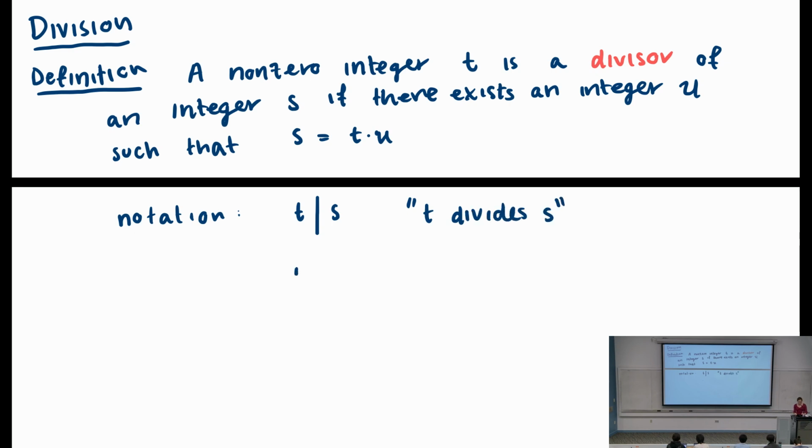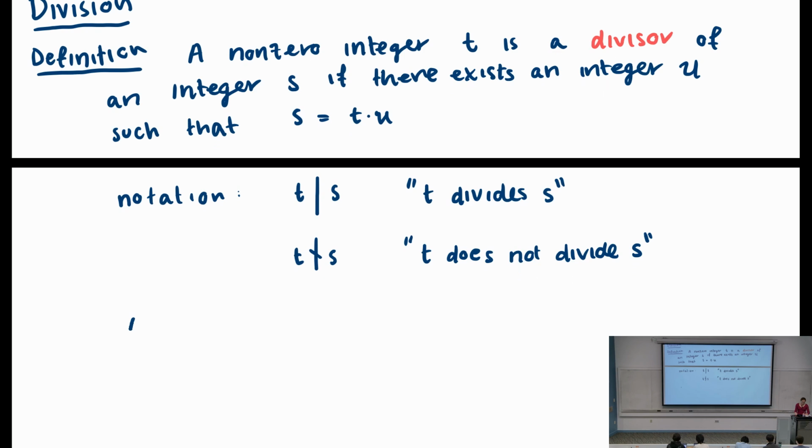And then to say that a number does not divide another number, you put a little slash through it. So this would be t does not divide s.